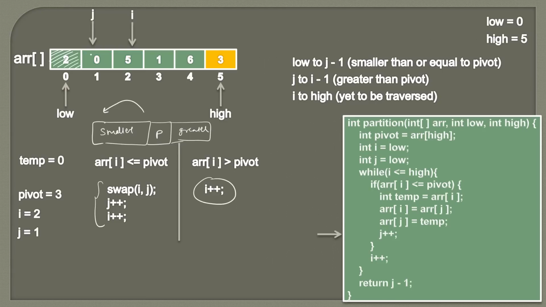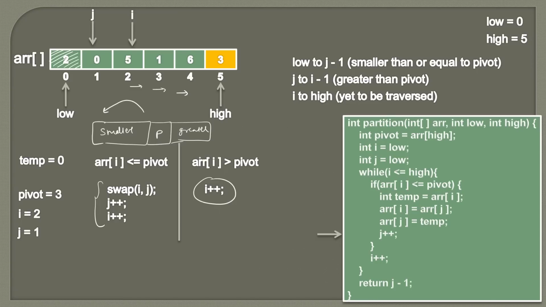So friends, here you can see that as 5 is greater than pivot, the elements which are greater than pivot are actually shifting in this direction. But the elements which are lesser than pivot, we are simply throwing to j to put at that particular index, and j actually holds one of the elements greater than pivot, because from j to i minus 1, we have the elements greater than pivot. So j is pointing to one of the greater elements.